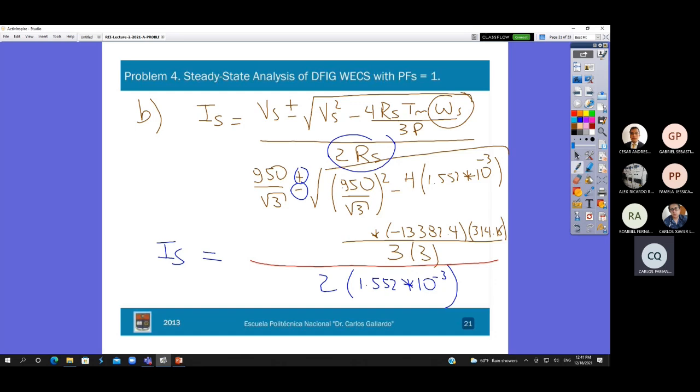The first one, using the plus, gives the stator current for the first case equal to negative 849.64 amps.